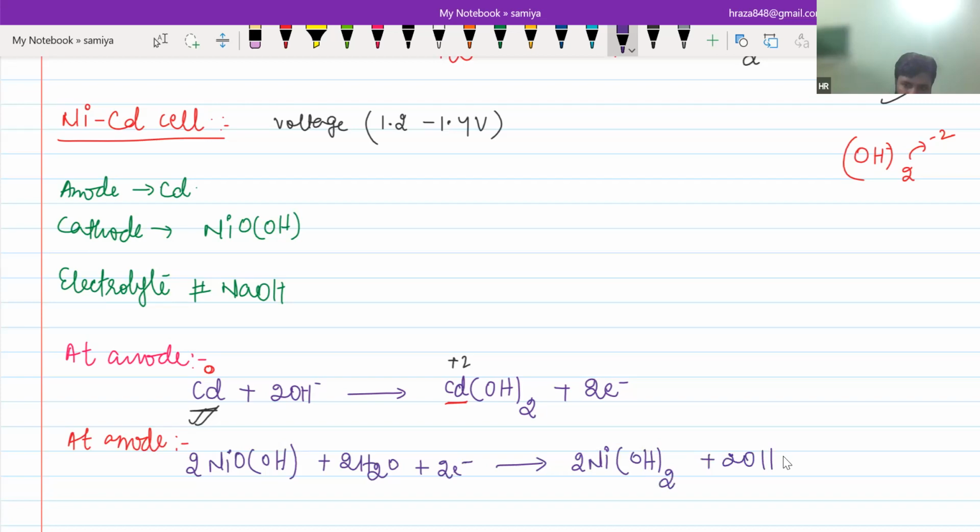One more question arises: can you tell me the oxidation state of nickel here and here too?